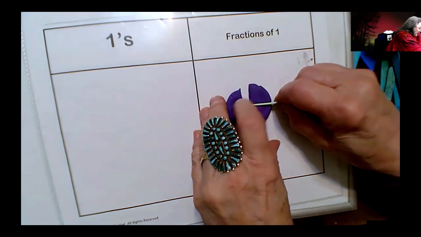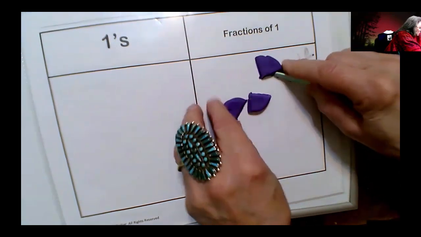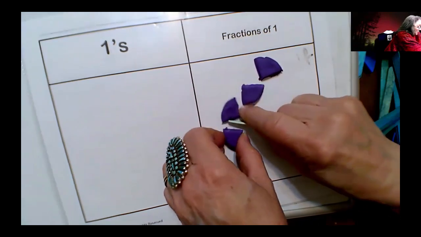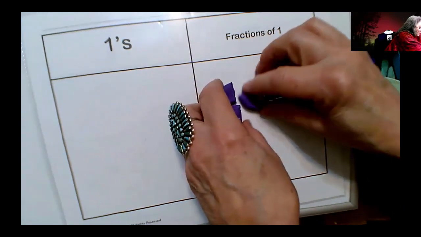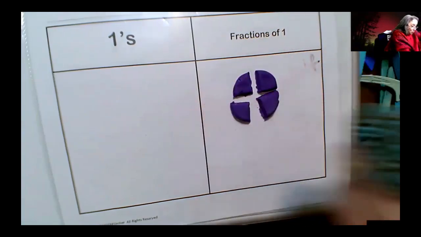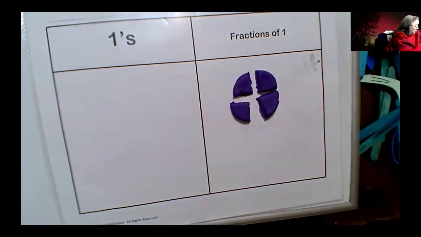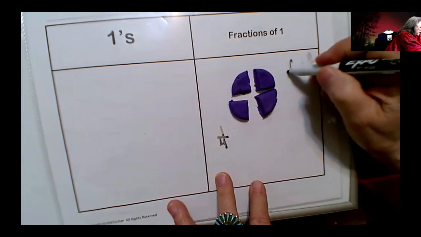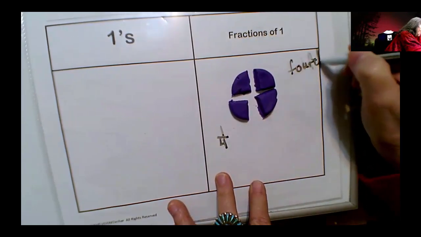I will cut that into 2 equal parts, this into 2 equal parts. And now each one of these is one of 4 equal parts. Its name is 1/4.